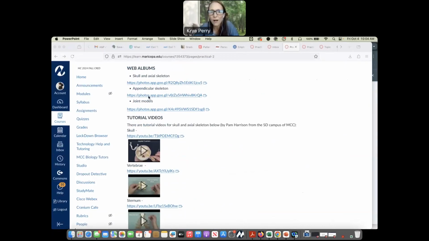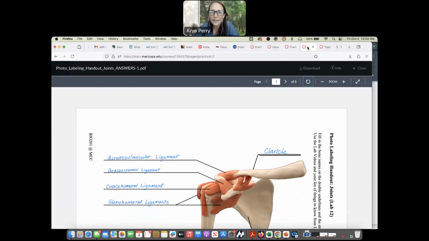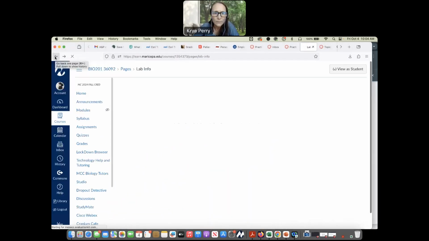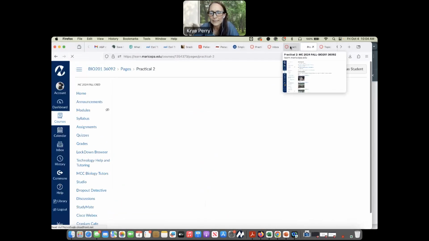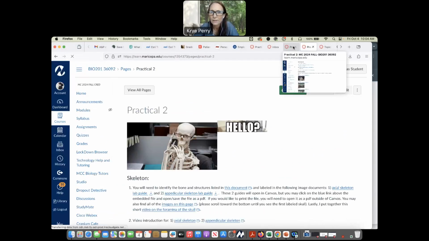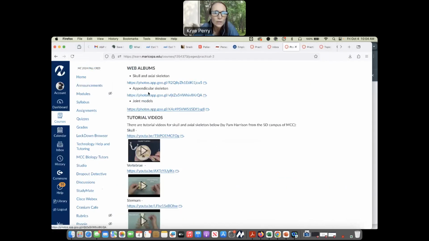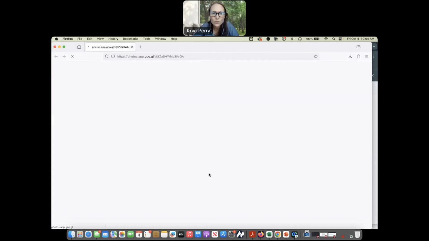So you're going to click on this one here. I already have it pulled up. This is under the web albums joint models. Actually, let me go back here. I'm going to keep that one up because it's kind of handy. But you can go here to the joint models.